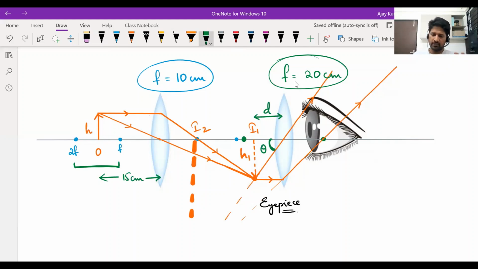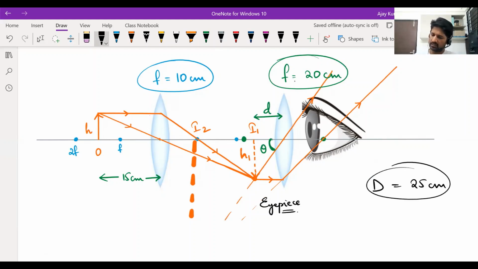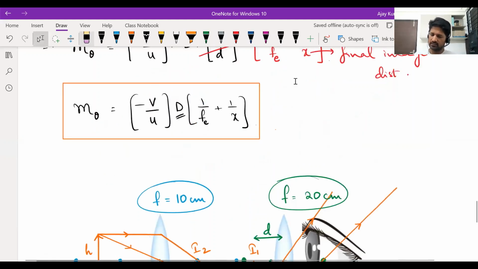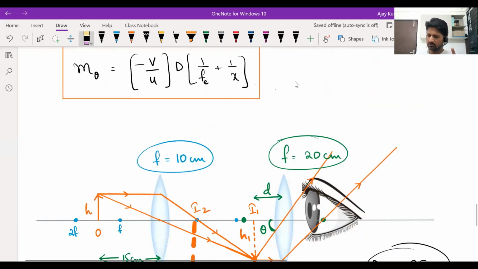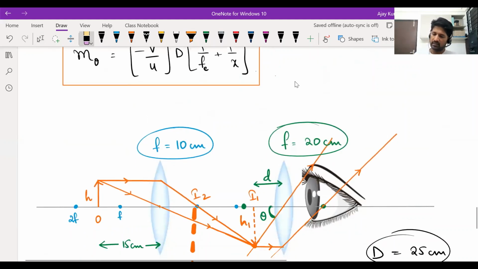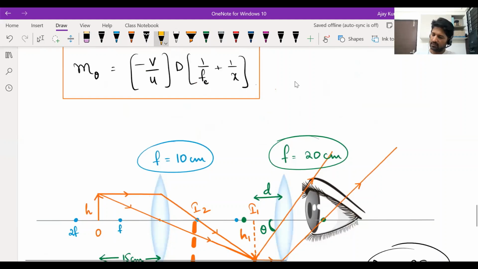You can find out where it forms the image, so you can find out v. And the near point distance is given to you, 25 centimeters, because the magnification formula has the near point distance in it. The focal length of the eyepiece is given to you, and I need to tell you where the final image should form.